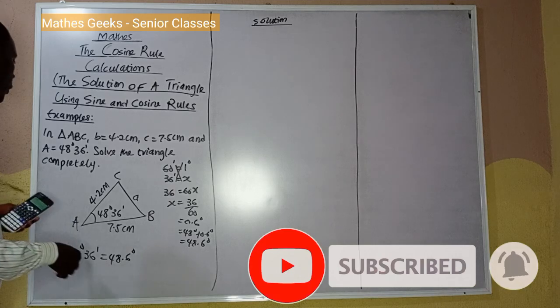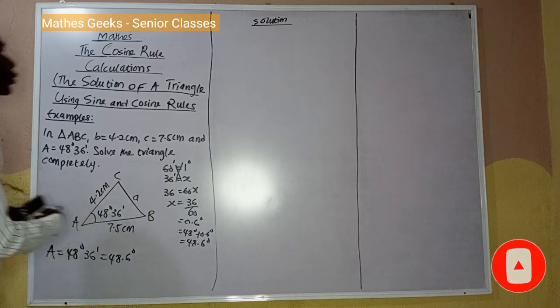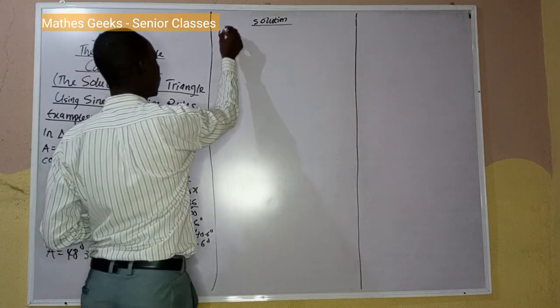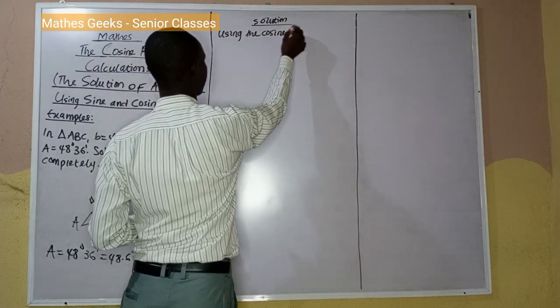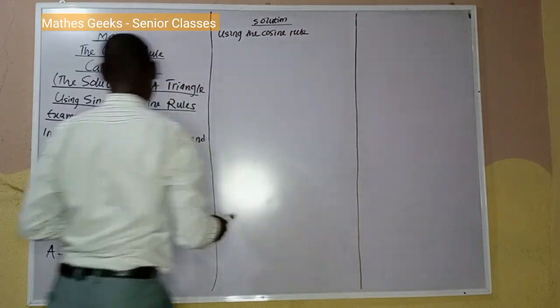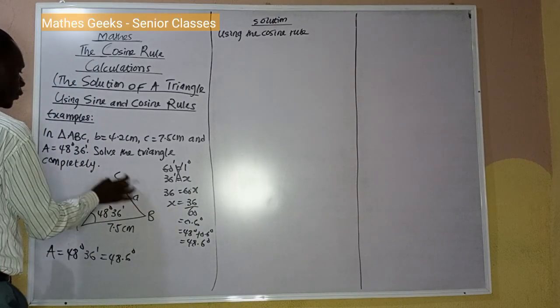So from here we're going to use the cosine rule. Now what are we looking for? We're looking for BC, which is a.